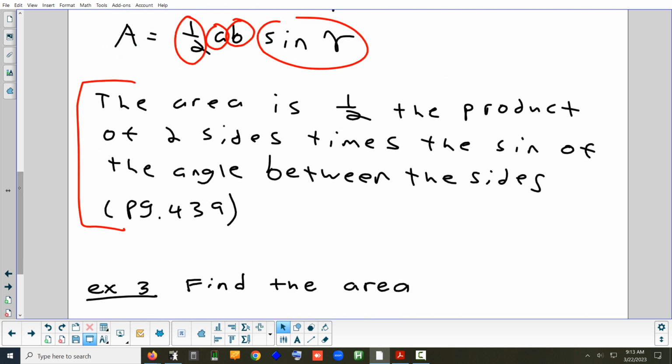Because the idea of the formula doesn't have any specific names in it. That's why, when I ask people what Pythagorean theorem is, they always say a squared plus b squared equals c squared. That's not really the Pythagorean theorem. That's one way of representing it with specific letters. But the idea of the theorem is hypotenuse squared equals leg squared plus leg squared. Call them whatever you want. It's the idea, not the specific letters you want to remember.